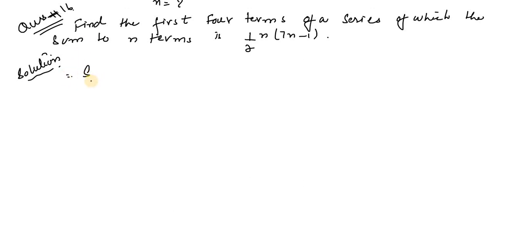So in this question, Sn is given as 1 upon 2 n (7n minus 1).